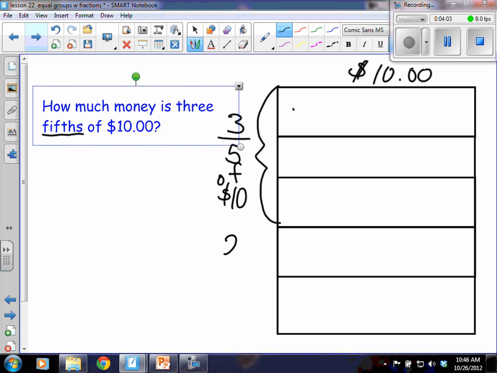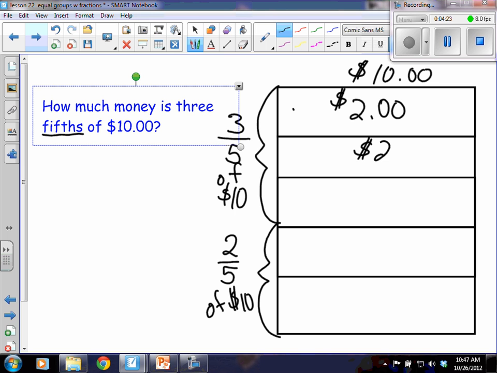I can do the second part of my fraction, so that would be 2/5 of $10. And draw my bracket that way. And now I just need to divide my $10 into 5 equal groups. Now 10 divided by 5 is 2, so I know that each is going to have $2.